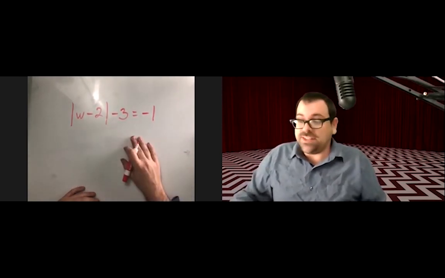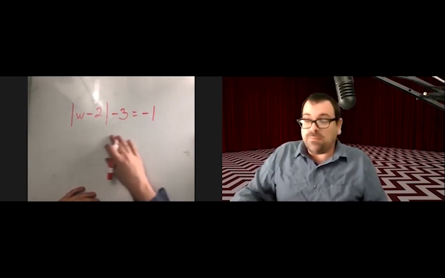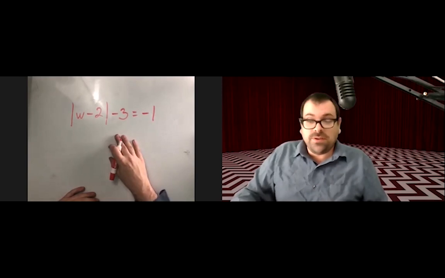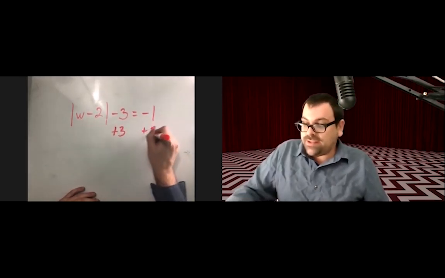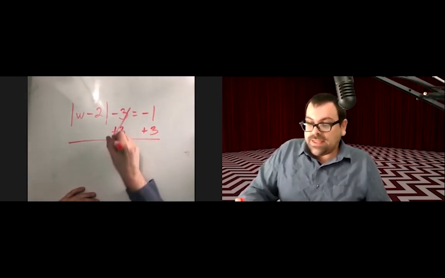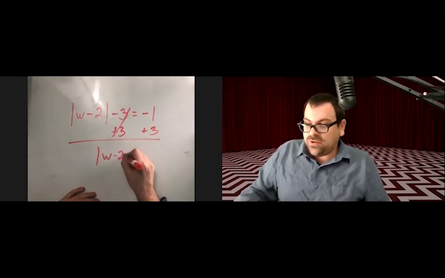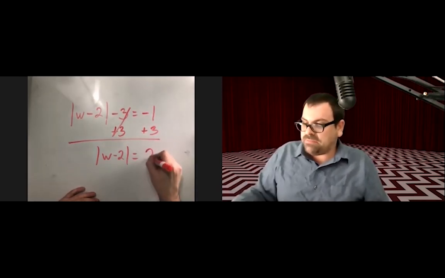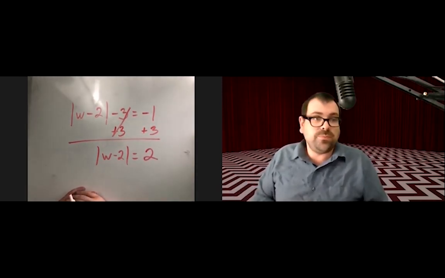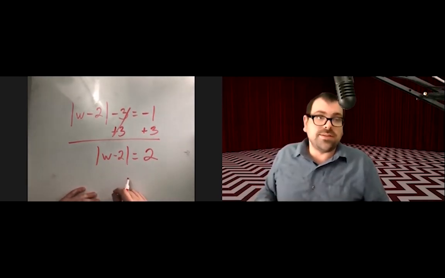The absolute value does not equal negative 1 here, because the absolute value is not by itself. We would have to add 3 to both sides to get the absolute value by itself. And negative 1 plus 3 is positive 2. So there is a solution.